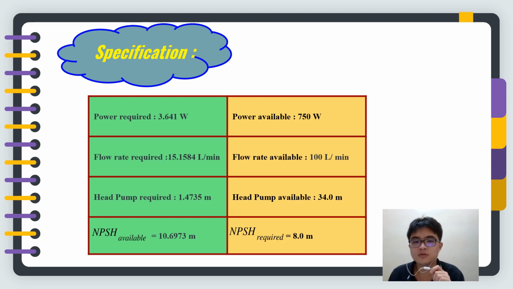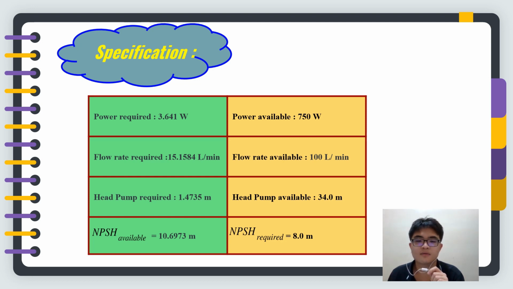From the power, we can see that the power that we calculated is only 3.641 watt, but the power available from the SCM75 pump is up to 750 watt. If we compare the flow rate, the flow rate we calculated is 15.5154 liters per minute, while the flow rate of the SCM75 pump can go up to 100 liters per minute.